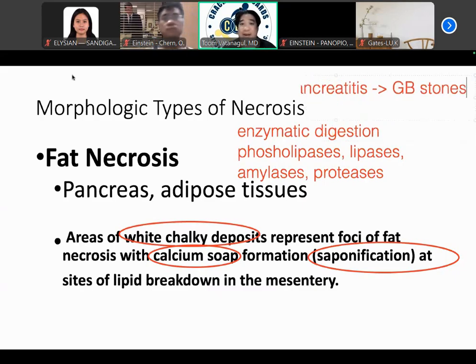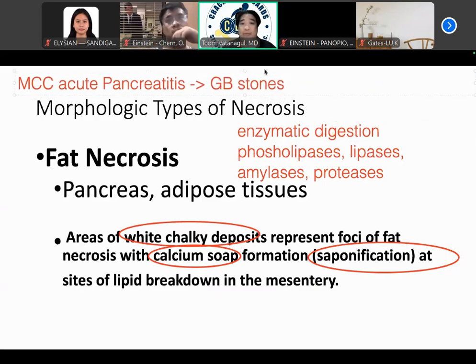Okay? Gallbladder stones for acute pancreatitis. Chronic pancreatitis. Chronic pancreatitis is alcoholism. Do not mix them up. Okay? So please remember that by heart.